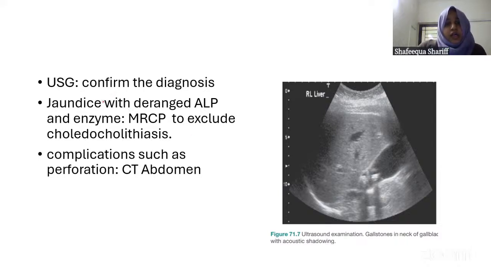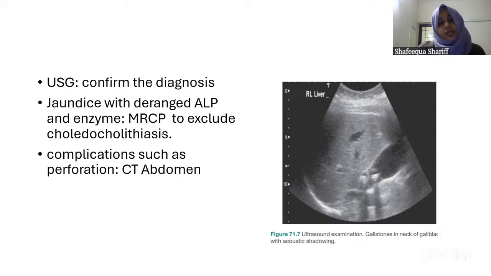In bloods, obviously you'll always start with blood investigation. In simple cholelithiasis the bloods and the LFTs will not be deranged. But if you see cholelithiasis with a deranged LFT, that is the bilirubin is increased, you have to see whether the direct or the indirect bilirubin is increased, and the ALP is increased, then you have to suspect choledocholithiasis.